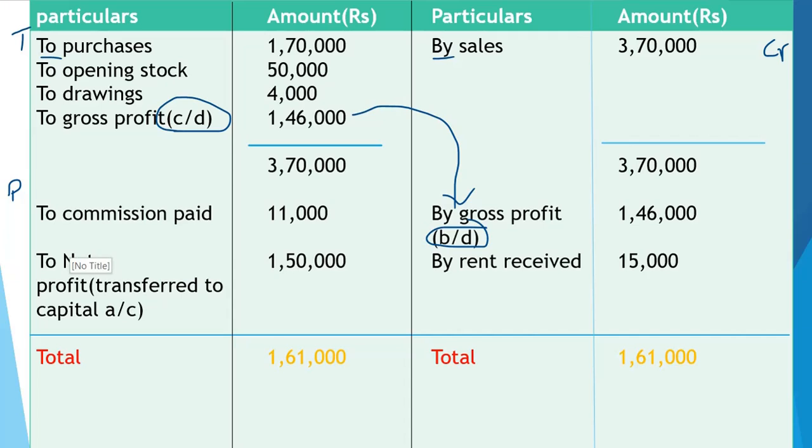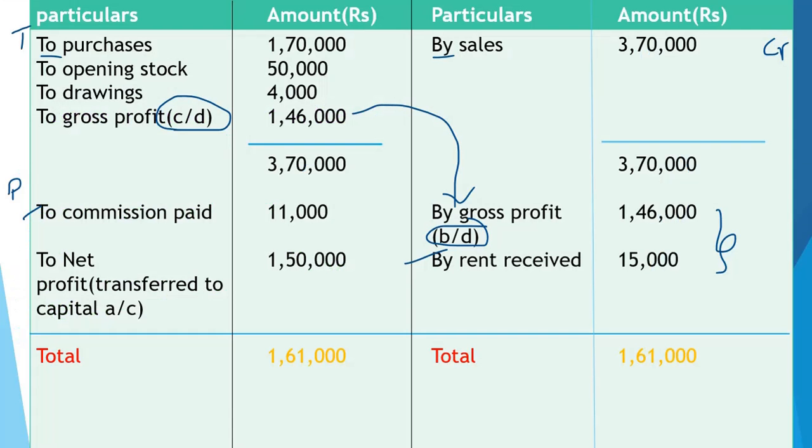Now represent 'to commission paid' this much and 'by rent received' this much. Now calculate on both sides. If you calculate this, you can get 1,61,000. So now on this side we have only commission paid, that is 11,000. So how much amount do we need to add, guys? Nearly 1,50,000. So this amount will be called the net profit.